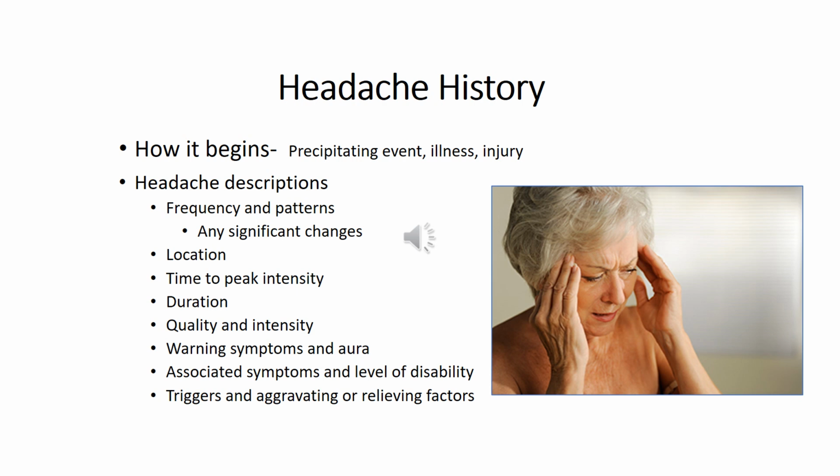You want to get the frequency and patterns, location of the pain, time to peak intensity, duration, quality and intensity, warning symptoms and aura, associated symptoms and level of disability, triggers, and aggravating or relieving factors.